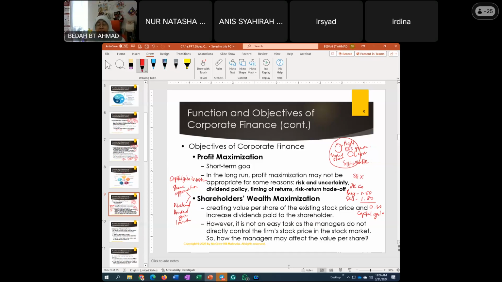Okay, so that is the relationship: how the managers' actions and decisions at the corporate level, at the firm's level, do affect the value per share at the stock market. It is affected by the actions of managers, especially decisions. That's why, if their decisions or actions will influence the price in the stock market, they need to make a declaration, an announcement, or hold a press conference, and inform Bursa Malaysia.